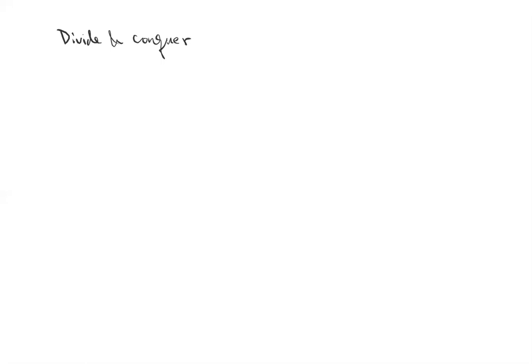Divide and conquer is also a method based on recurrence. For example, merge sort. The merge sort algorithm. So divide and conquer is also based on a recurrence relation.